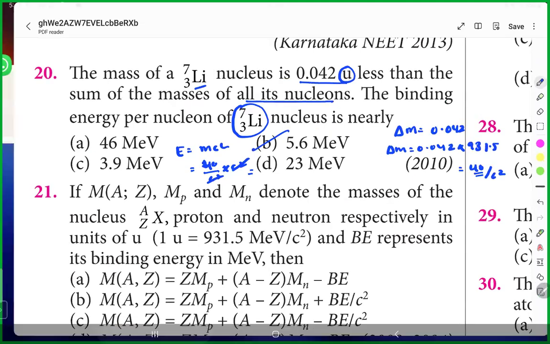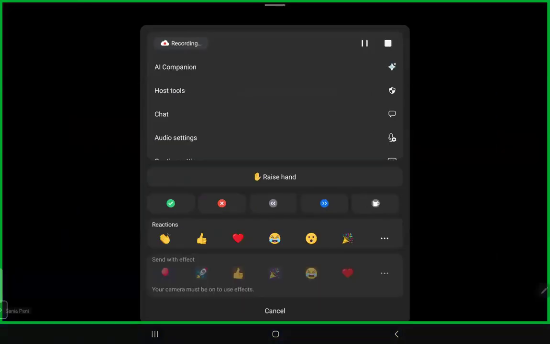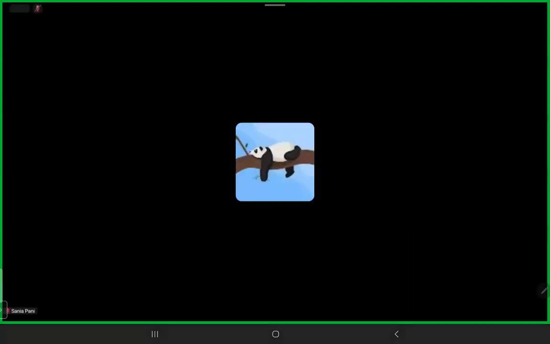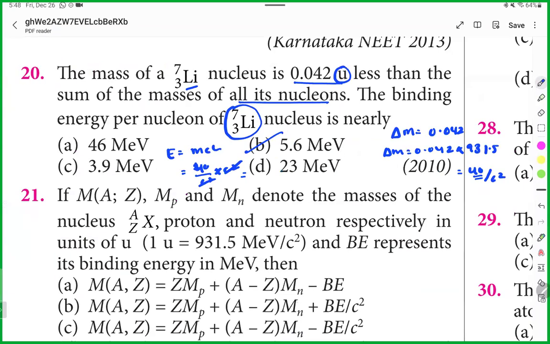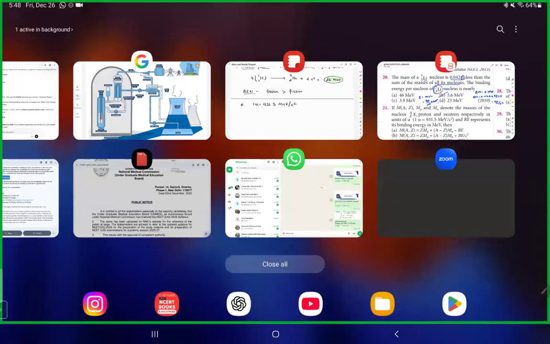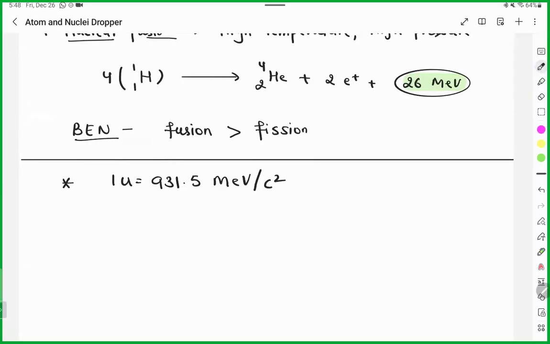Give me 1 minute, guys. So tell me, guys, any doubt or should I explain this again? Could you explain it again? Yeah, sure. When we are calculating such a question, you need to understand what is the value of 1 unit.